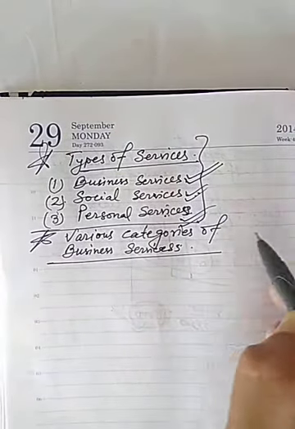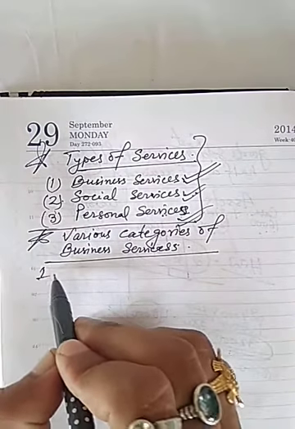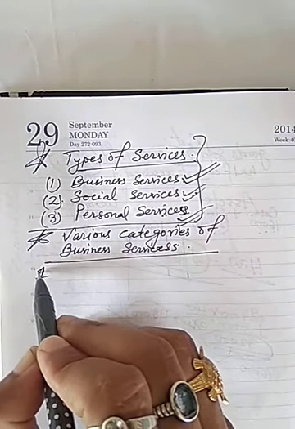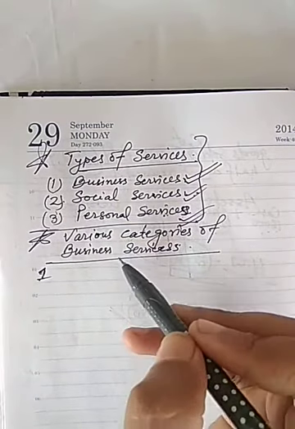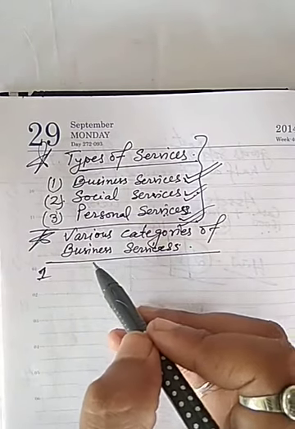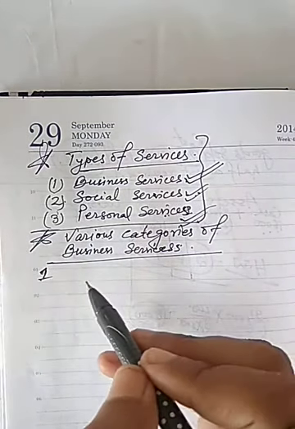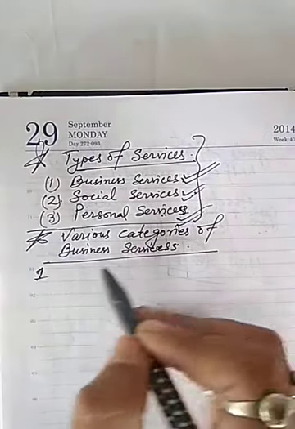So we can see, I have explained previously: banking, insurance, postal and telecom services, warehousing services, transportation, etc. are the categories of business services.